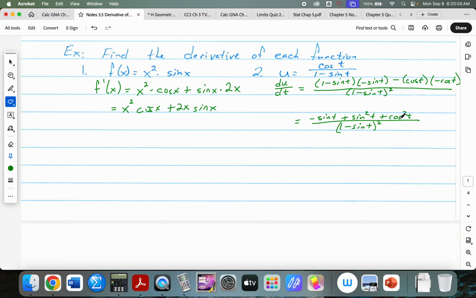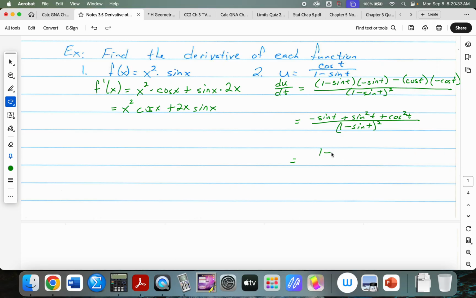Now, if this were part of a free response question, you don't have to simplify it. But on the AP exam, it's unlikely that they're going to ask you something like this on something that's not multiple choice. So we need to simplify this. And this does simplify a fair bit because you notice sine squared t plus cosine squared t is what? 1.